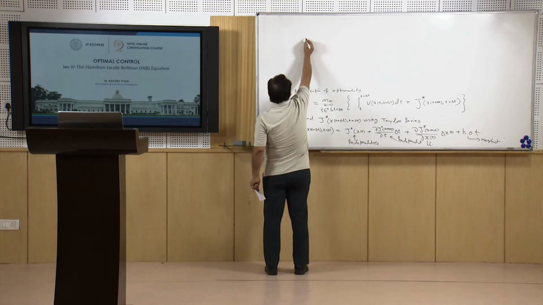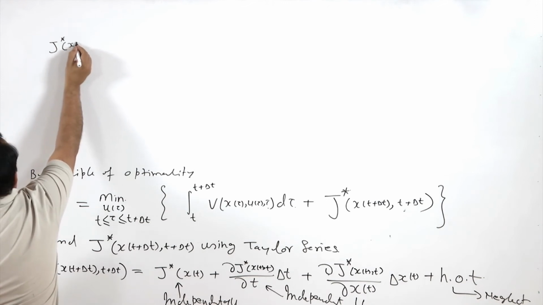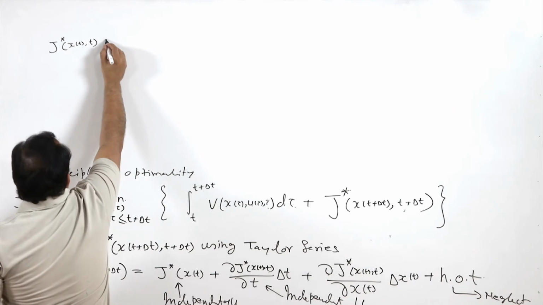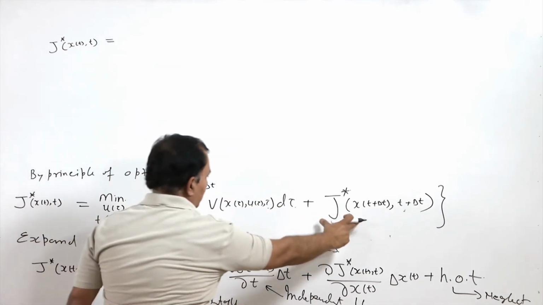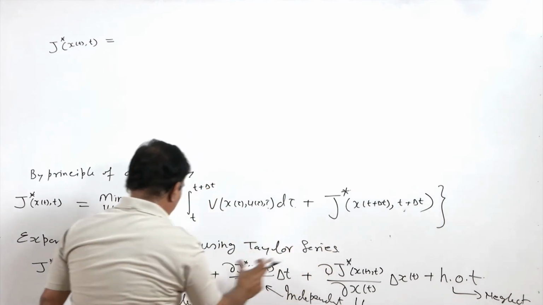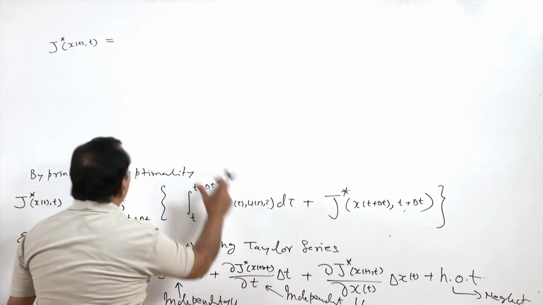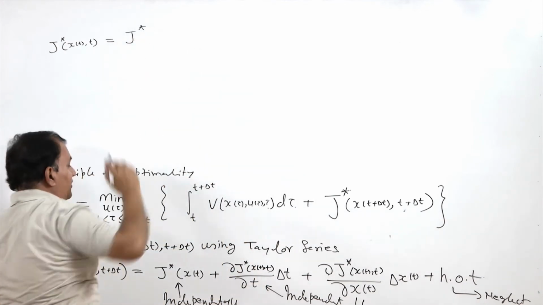So, for J star x(t), t, what are we writing? In this expression, if I replace them, this is independent of u, this is independent of u. So, these two terms I can take outside of the minimization.